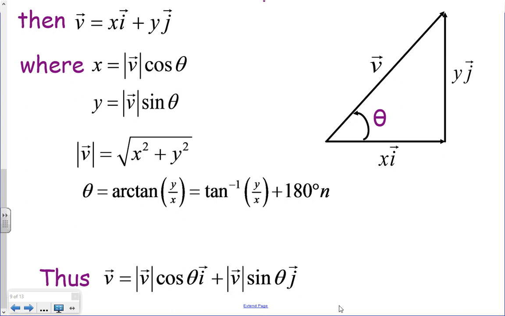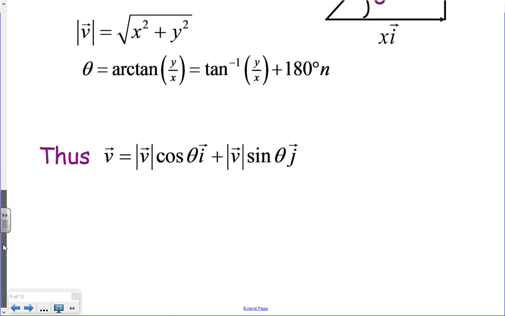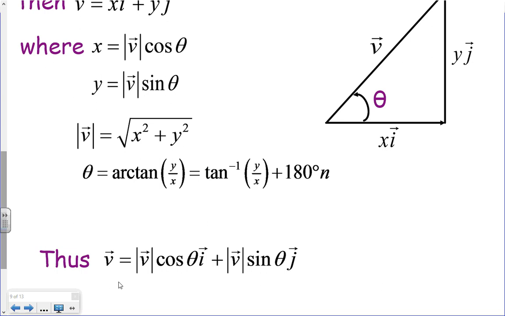If you know the magnitude and direction of the vector, you can write that the vector is equal to the magnitude of your vector times the cosine of the direction times the horizontal unit vector i, plus the magnitude of your vector times the sine of the direction of your vector times the vertical unit vector j.